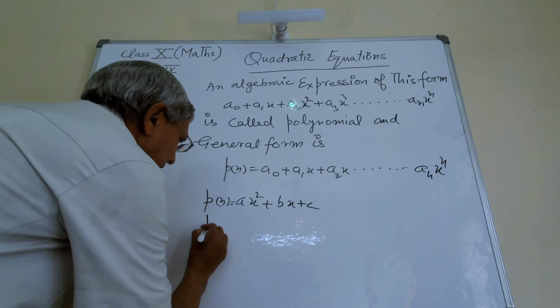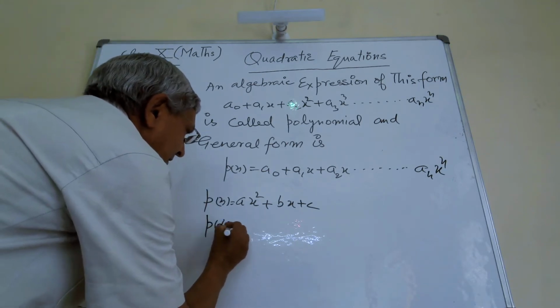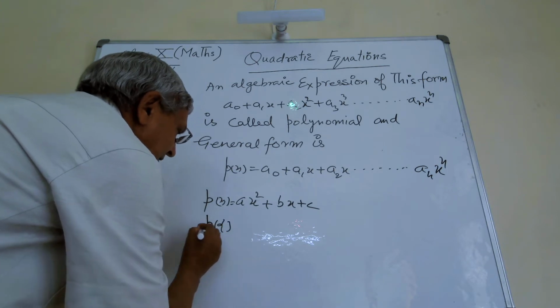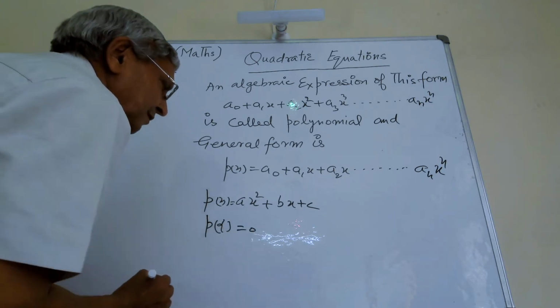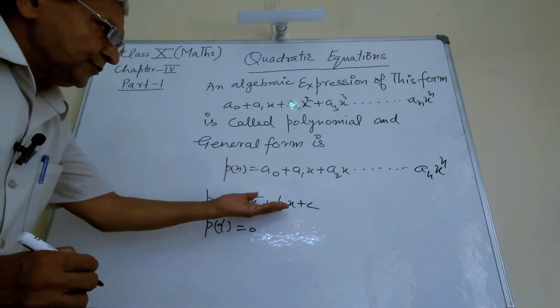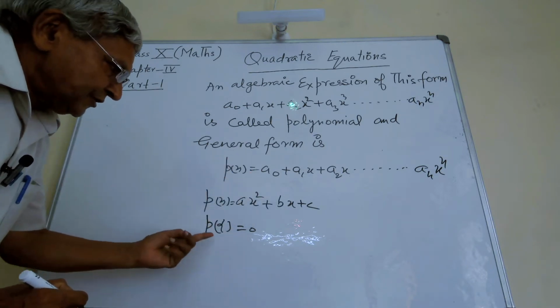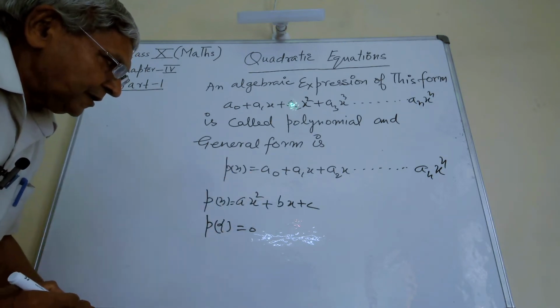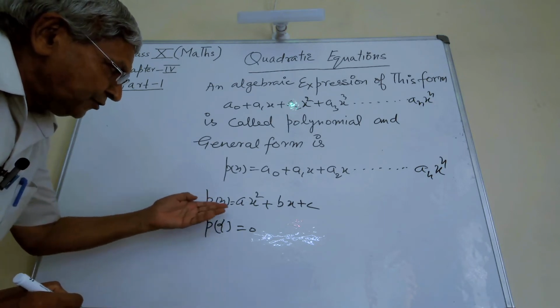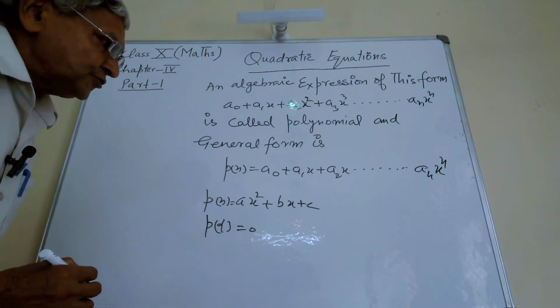So P(alpha) is equal to 0, because the value of this polynomial will be 0. I have put the value of alpha in place of x. P(alpha) is equal to 0.